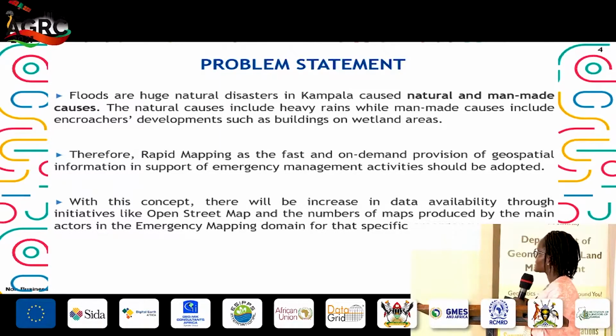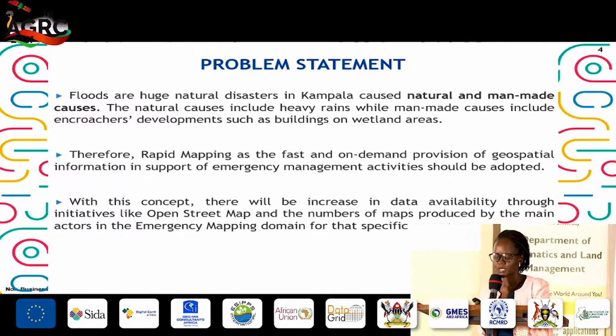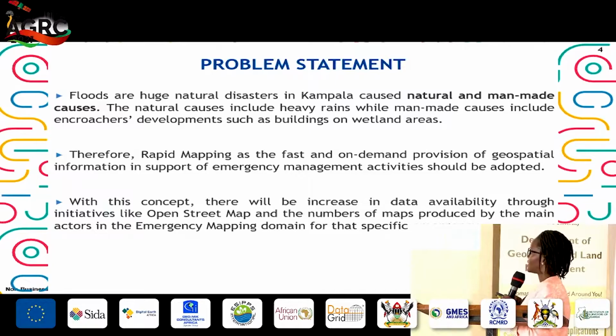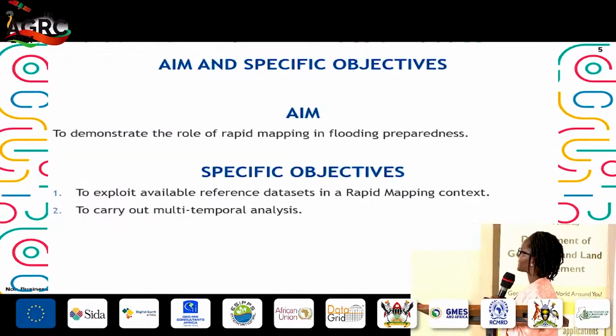With this context, it will help us increase data availability through using platforms such as OpenStreetMap, Mapillary, and the number of maps we can produce can help guide the actors in this context when trying to do emergency mapping.